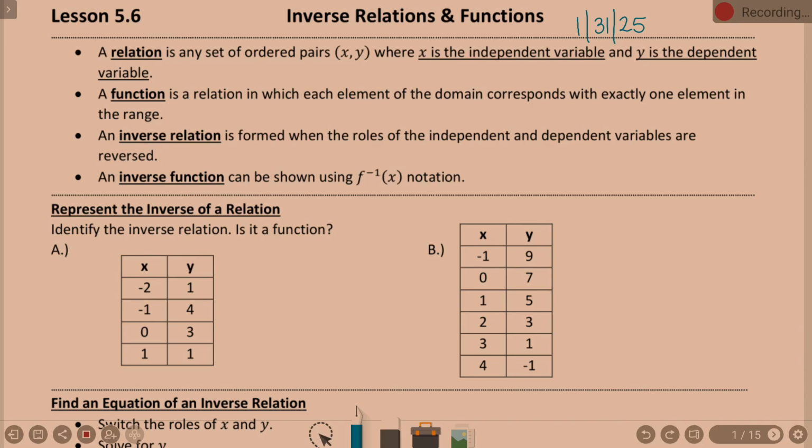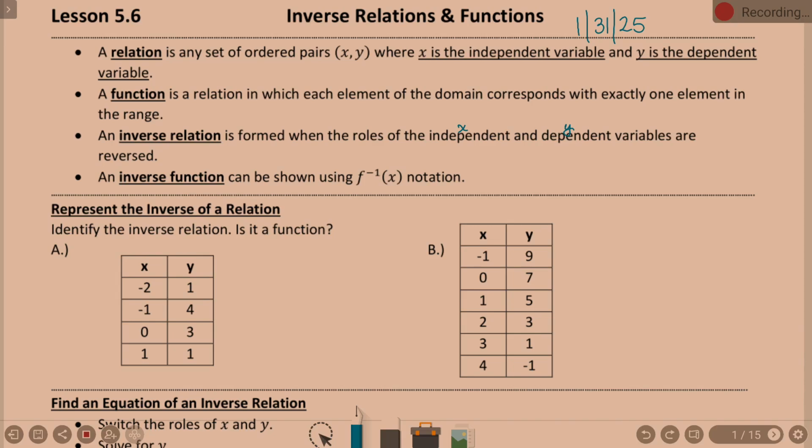And then the big thing we're going to talk about is an inverse relation. An inverse relation is formed when the roles of the independent and the dependent variables are reversed. If you remember, independent is your x variable, dependent is your y variable. So if those roles are reversed, it's taking your x's and your y's and switching them.